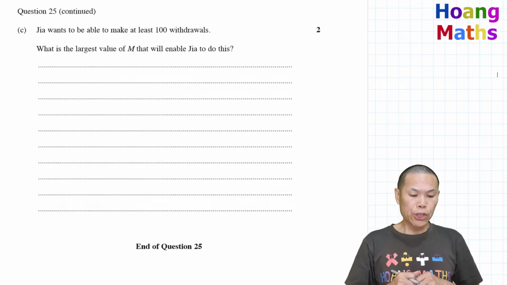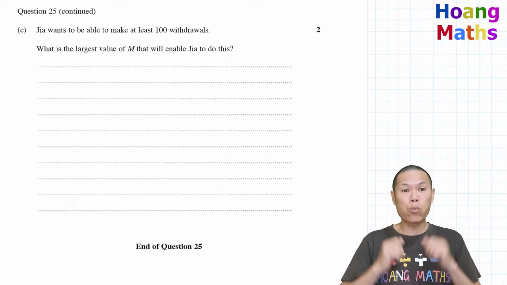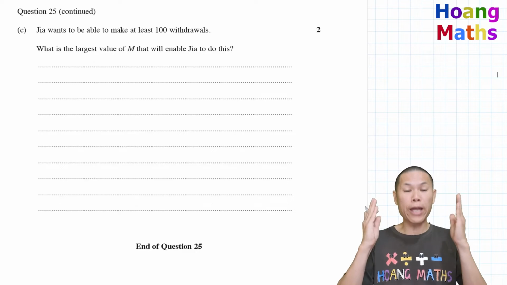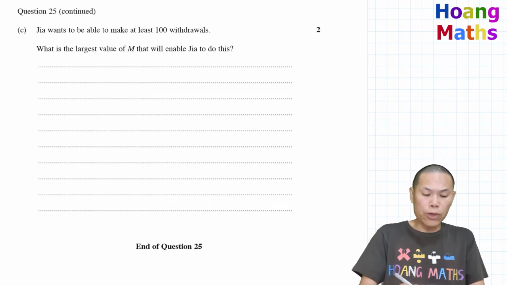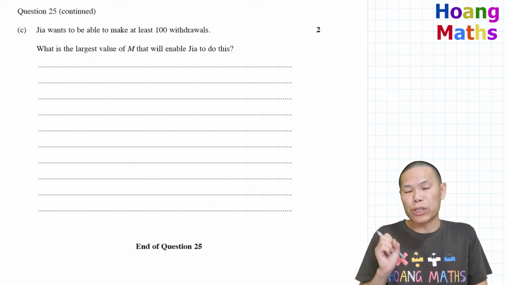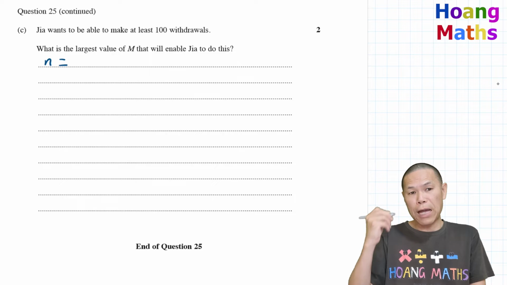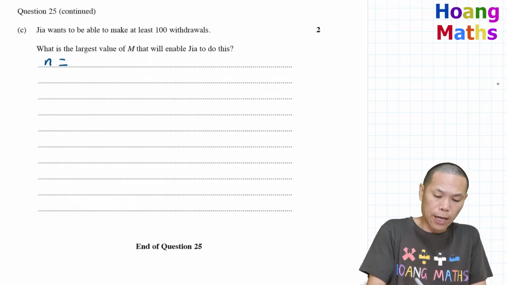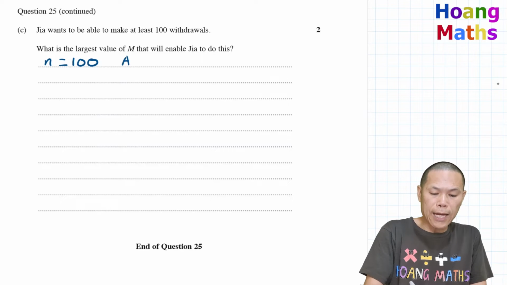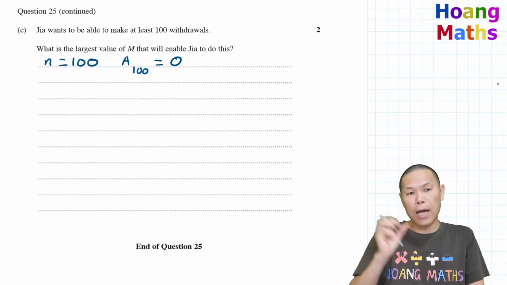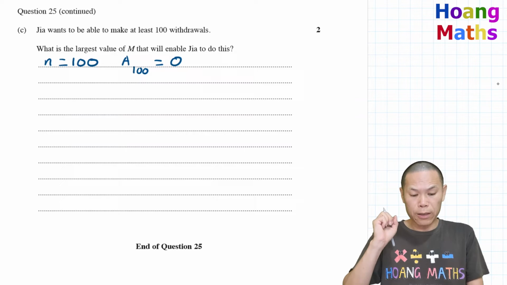Question 25. Gia wants to be able to make at least 100 withdrawals. What is the largest value of m that will enable Gia to do this? So we know that the minimum withdrawals is 100 times, so let's make n equal 100, then we work out the value of m, and then we interpret from there. If n is 100, that means the amount is equal to 0, because it's the minimum withdrawals in this case, and then we find the value of m.